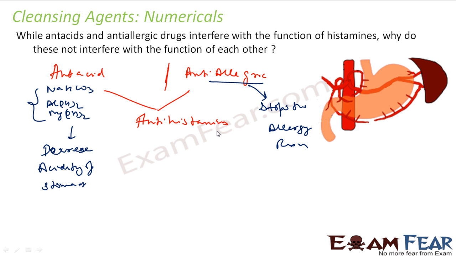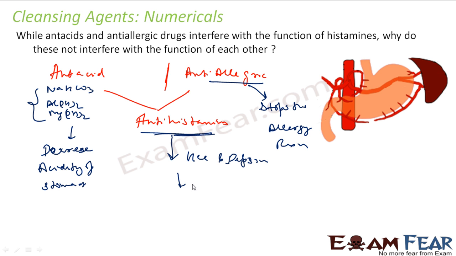But if you talk about antihistamine, in fact, antihistamine drugs are responsible for histamine control, and histamine has two functions. One is the preparation of HCl and pepsin in the stomach.